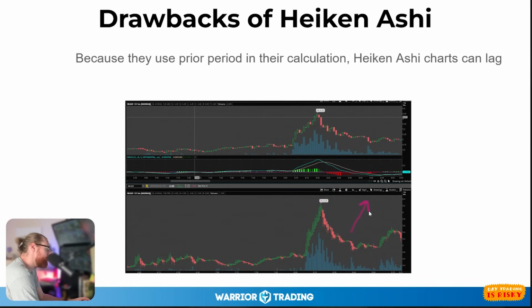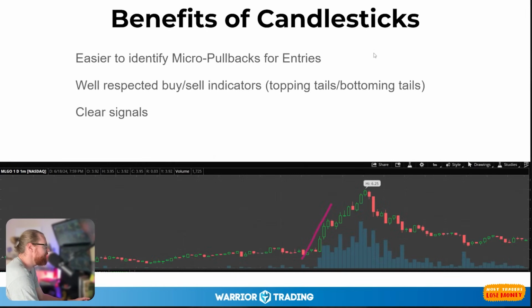I find it easier to trade with the general trend than to try to trade against the trend. So that's where I need the traditional candlestick chart to find my entry as something's beginning to open up. And then I can use the Heiken Ashi chart in conjunction to help me hold a little bit longer on that position.